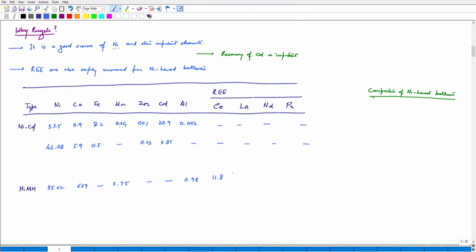Here we see cerium is present 11.8, lanthanum is present 7.56, Nd 3.9, and Pr 1.04. Similarly, we have this, and this is given in a range.